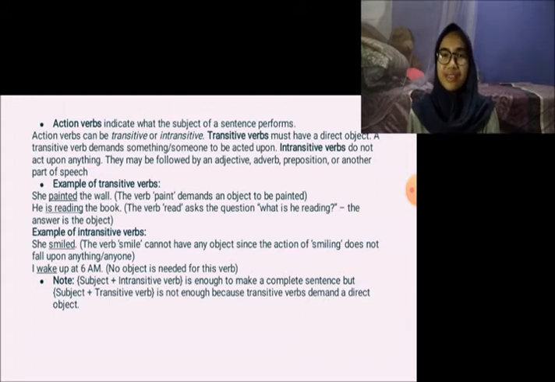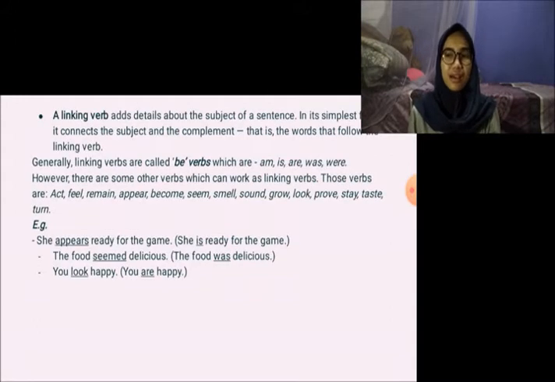No object is needed for this verb. You can say "I wake up." So note, subject plus intransitive verb is enough to make a complete sentence, but subject plus transitive verb isn't enough because transitive verbs demand a direct object.